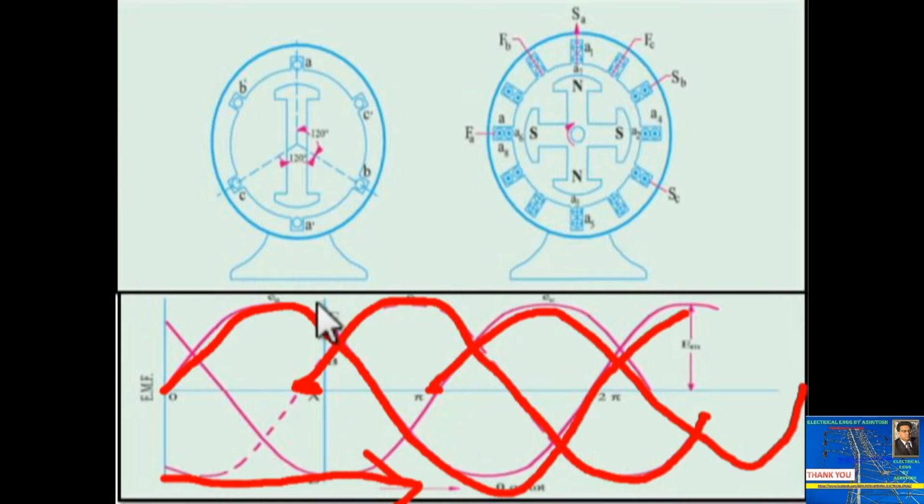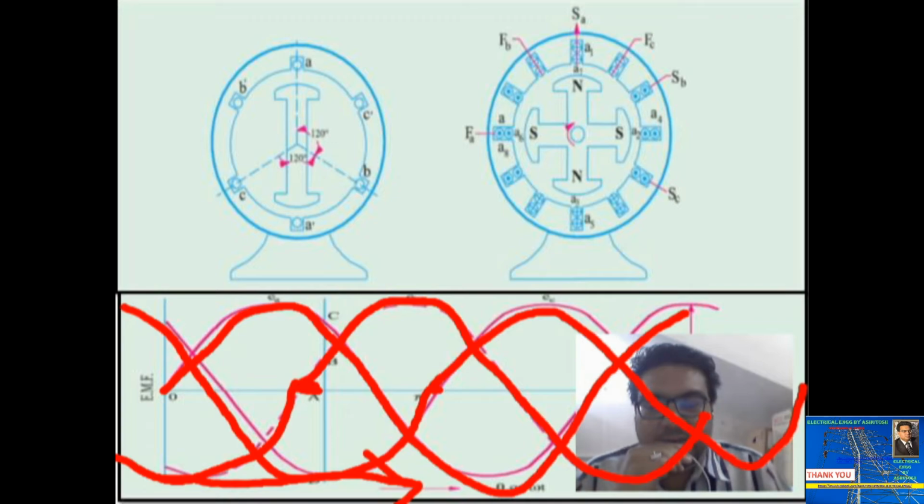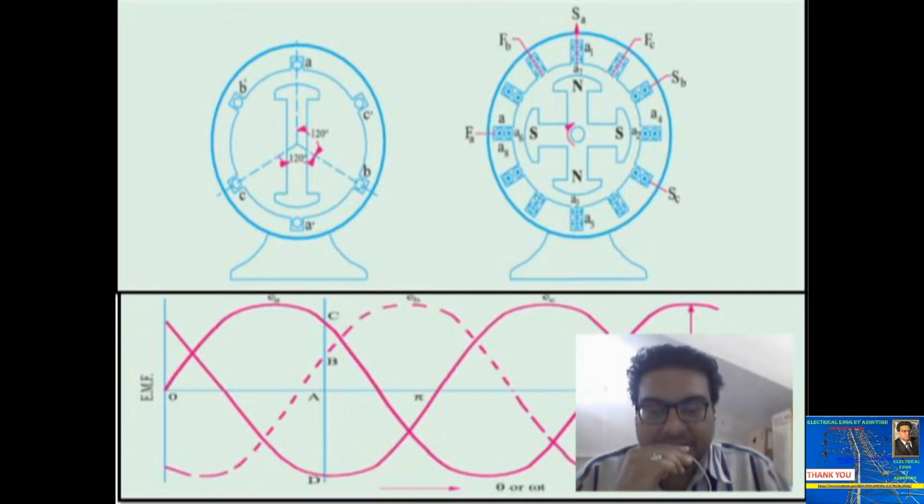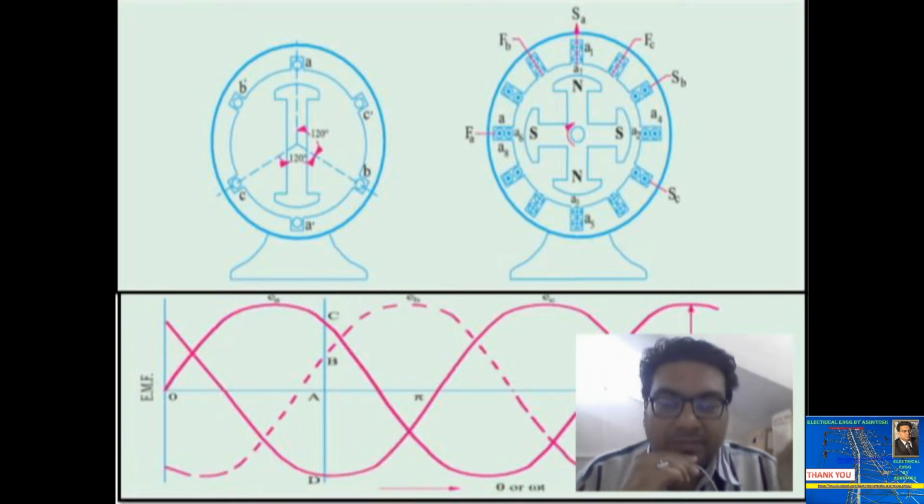So guys, these are the waveforms, and when you complete the waveforms by projecting in the backward side, it will look like a three-phase or polyphase waveform. And this system is called a polyphase system.